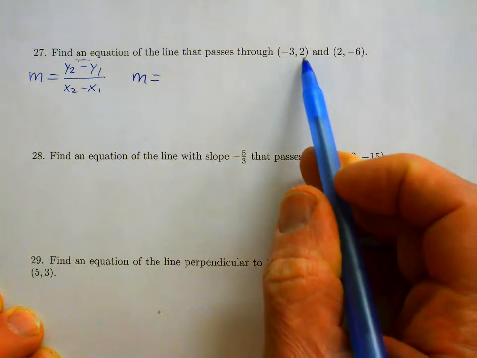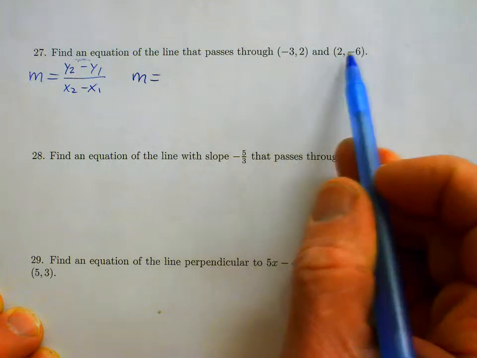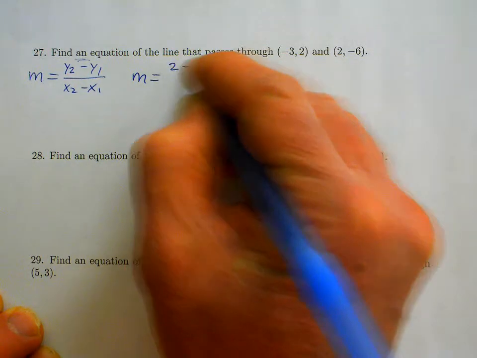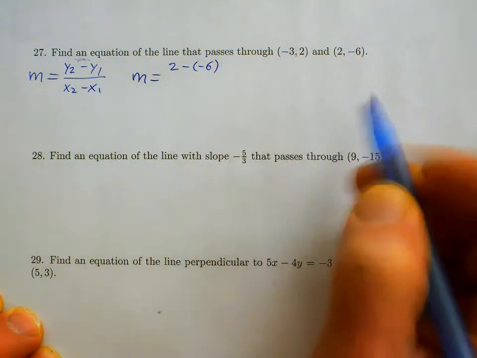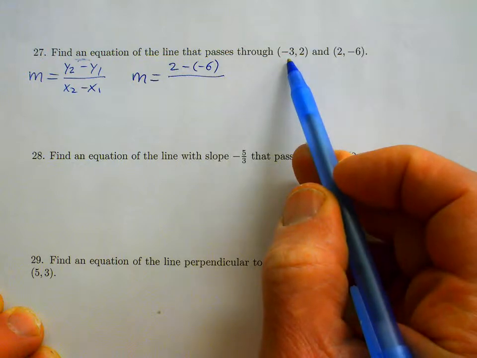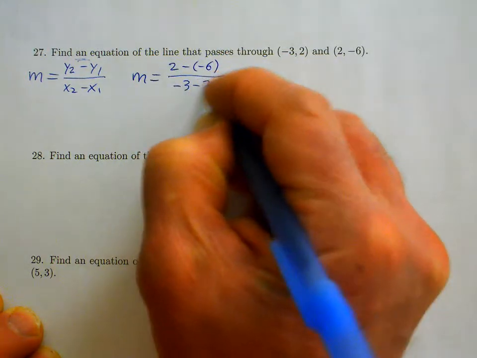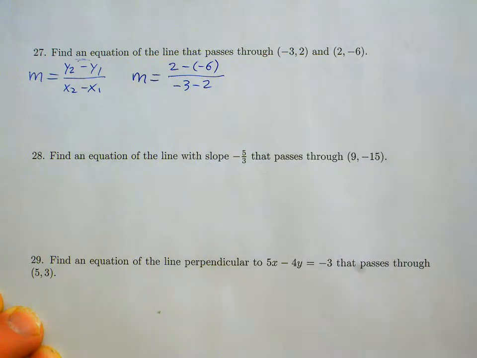So in the numerator, I'm going to write 2 minus -6. And in the denominator, I have to write -3 minus 2 to be consistent with my choice in the numerator.